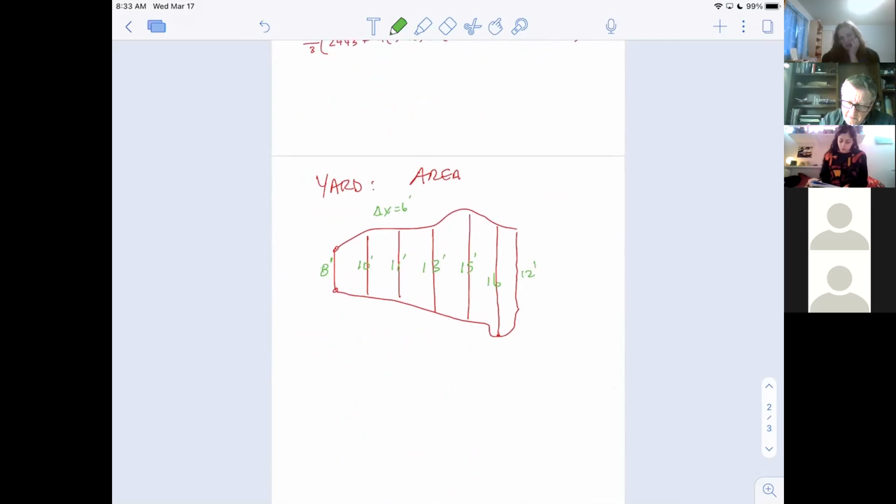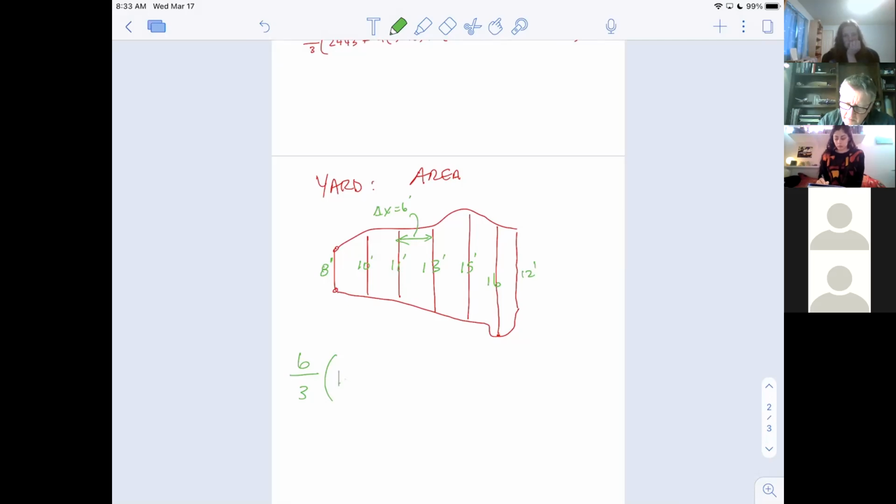So Simpson's rule says if you take the change of X, which is 6, in other words, how far apart, how much distance is there between each of these, and you divide by 3 every time, and you simply add those numbers together, except multiplying them by 1s and 4s.